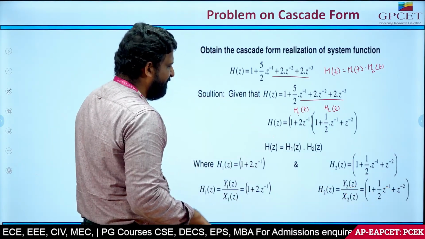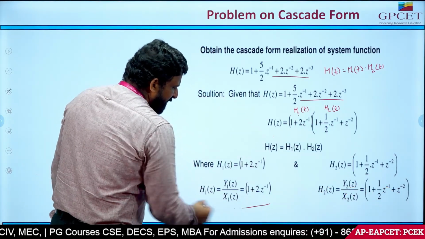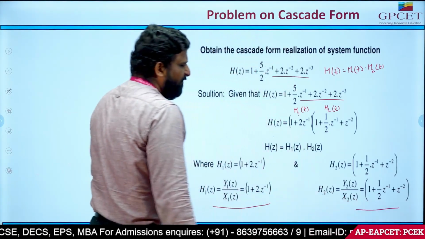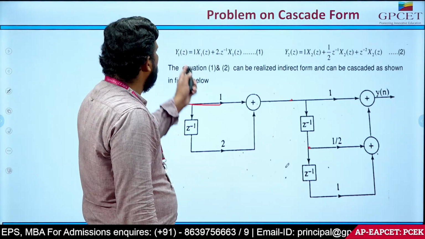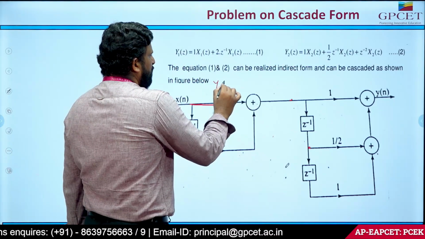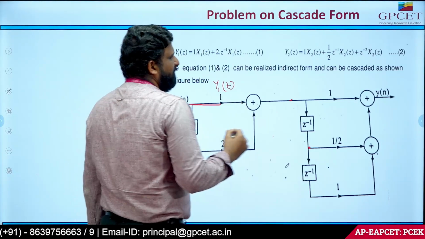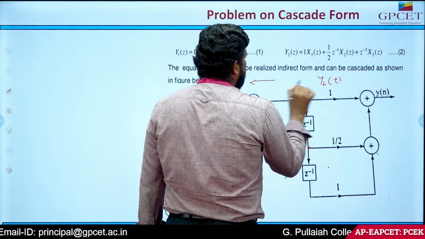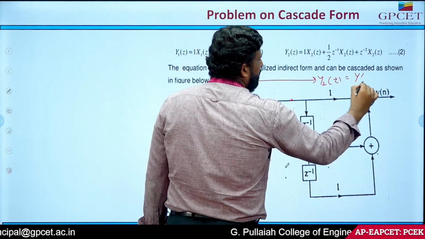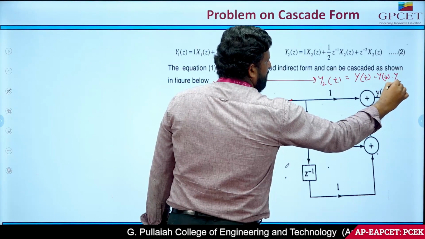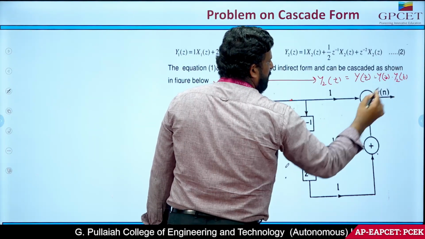Then again the same thing. First we are going to find the equation of Y1 of z, and second we are going to find the equation of Y2 of z. So after getting Y1 of z and Y2 of z, again we are going to draw. So this is the Y1 of z direct form and this is the Y2 of z direct form. After connecting these two things, we are going to get Y of z, that is equal to Y1 of z into Y2 of z, which is in the form of cascade.